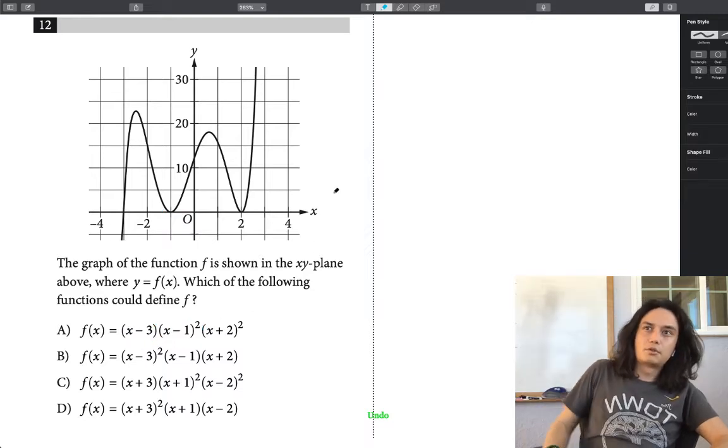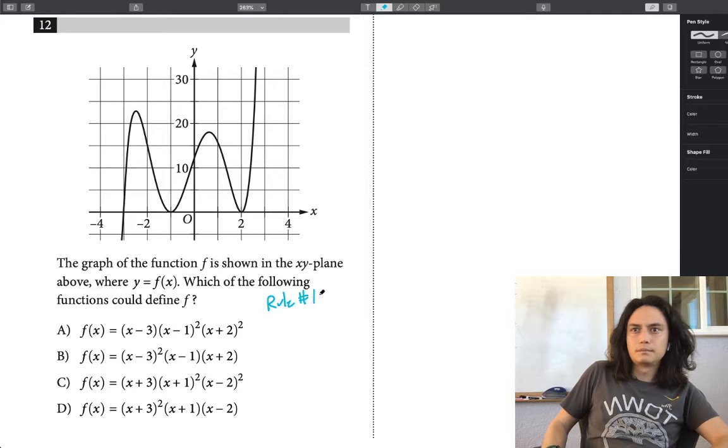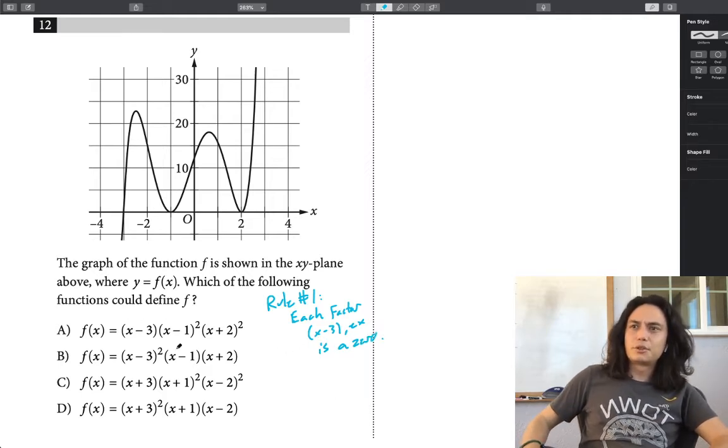So for starters, let's say rule number one: each factor, and by factor I mean like x minus 3 is an example, is a 0. The other thing to keep in mind is that it's counterintuitive.